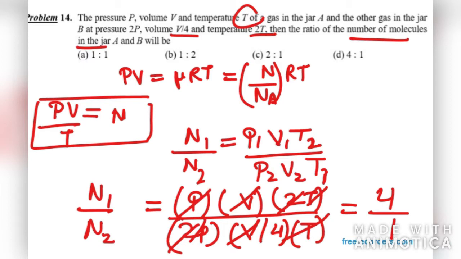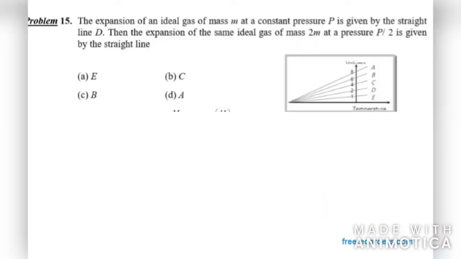Let us move on to problem number 15. It says the expansion of an ideal gas of mass m at constant pressure P is given by the straight line D. Then the expansion of the same ideal gas of mass 2m at a pressure P by 2 is given by the straight line.